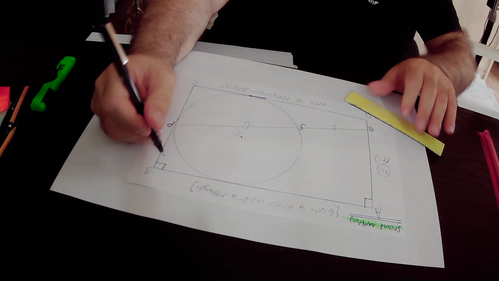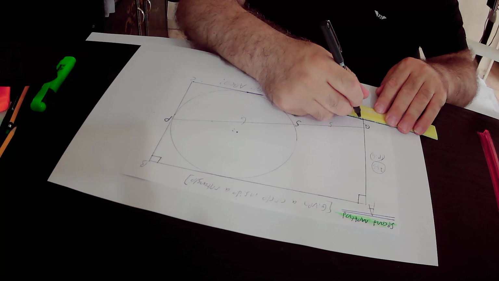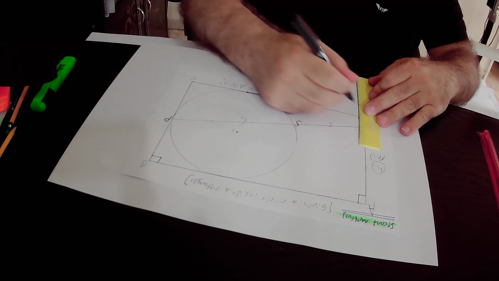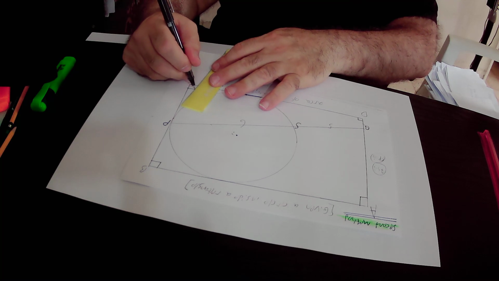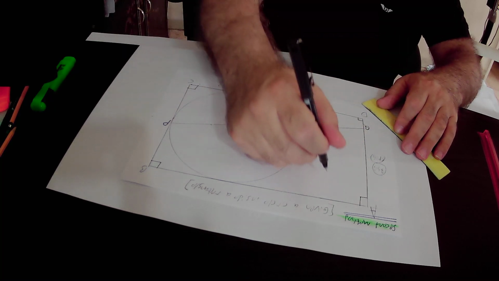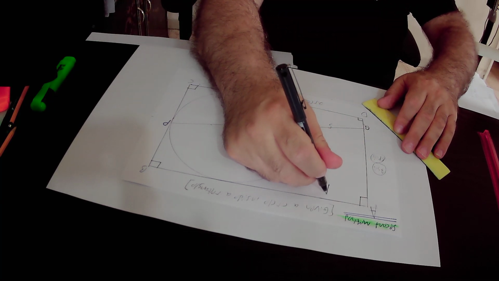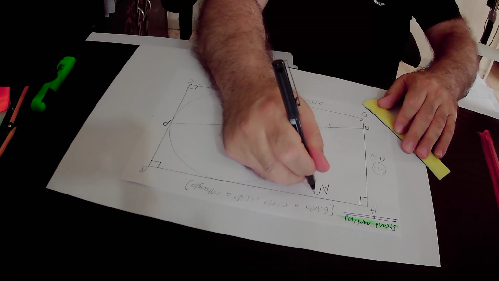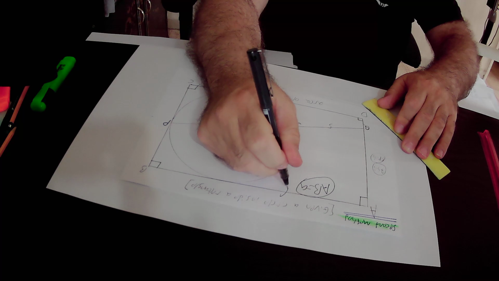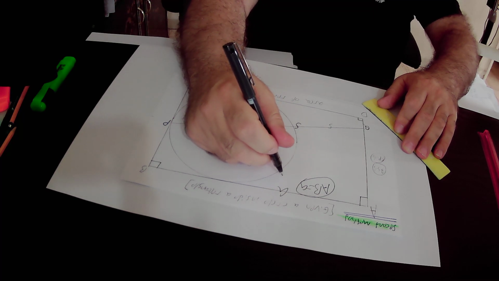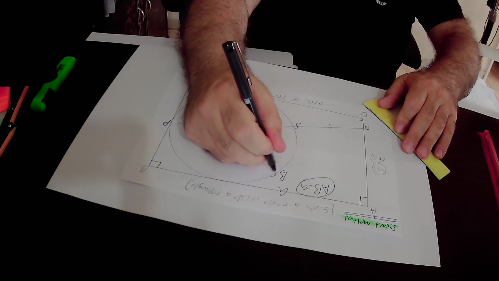This angle equals 90 degrees. And this angle also equals 90 degrees. As we did in the first method, we will define side AB as A, we will define side BC as B.